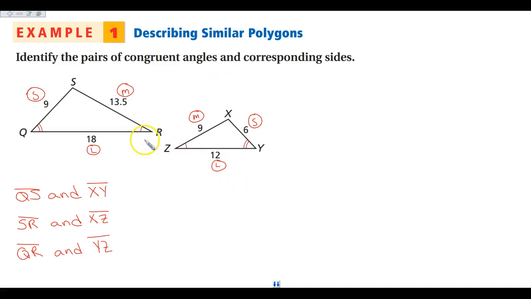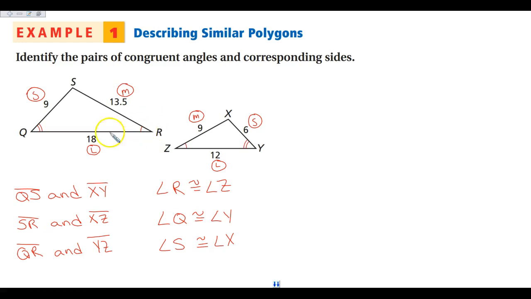Okay, then we're going to look at our corresponding angles. My single arcs are going to be R and Z. So angle R is going to be congruent to angle Z because again, in your similar figures, your angle measures are still congruent. All right, my double arc here is Q, my double arc here is Y, so angle Q will be congruent to angle Y. And then my one without any arcs is S and X, so angle S is congruent to angle X. And again, we know that these are congruent because we can use our third angle theorem if we need to.